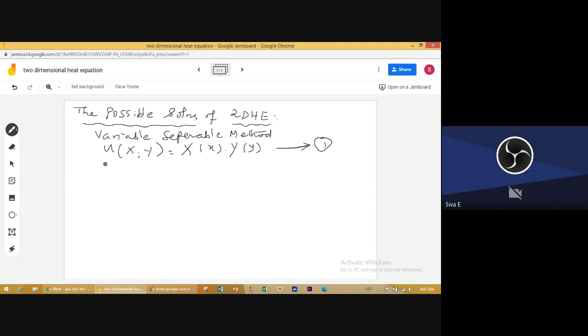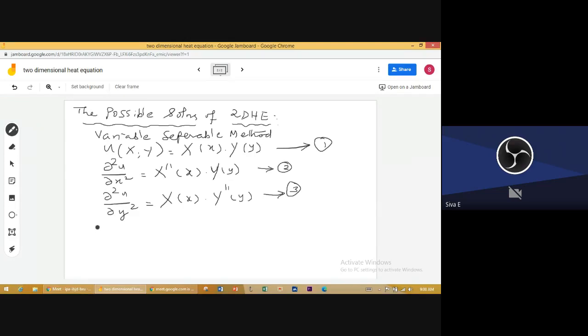So what is dou square u by dou x square? That is equal to X double dash of x into Y of y. Similarly, dou square u by dou y square equal to X of x Y double dash of y. These are equation number 2 and equation number 3.